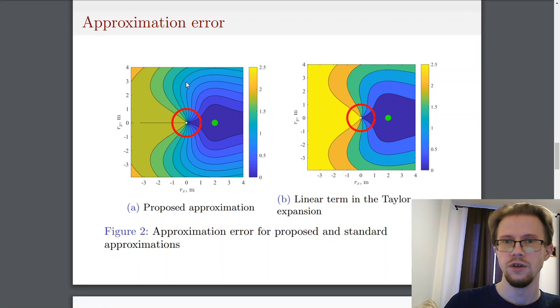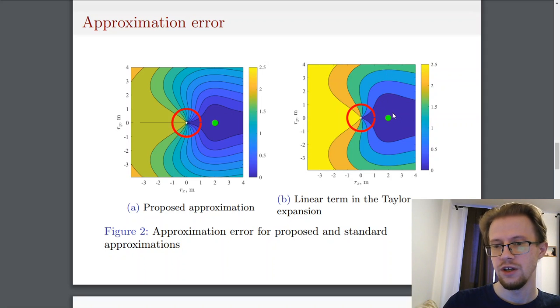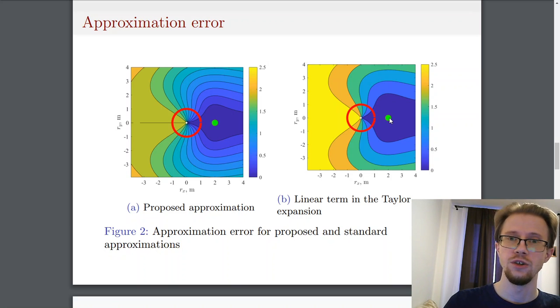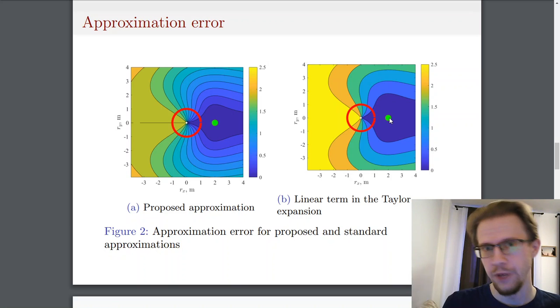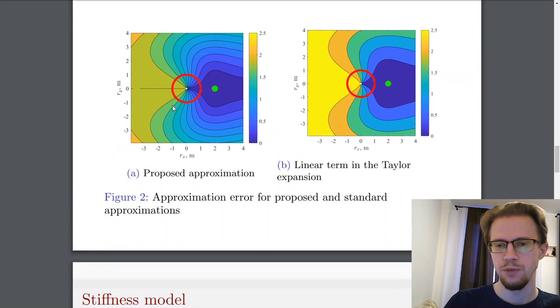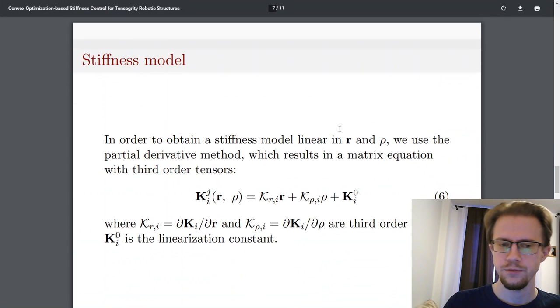We don't accumulate error as fast. Whereas here, when we are relatively close to the origin, like to the position where the approximation point, noted by the green dot, we are better. Okay. So this is a previously proposed result.